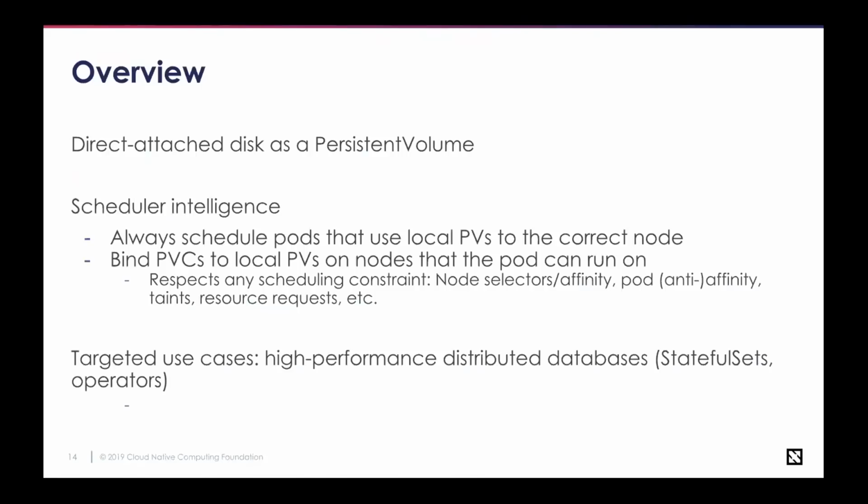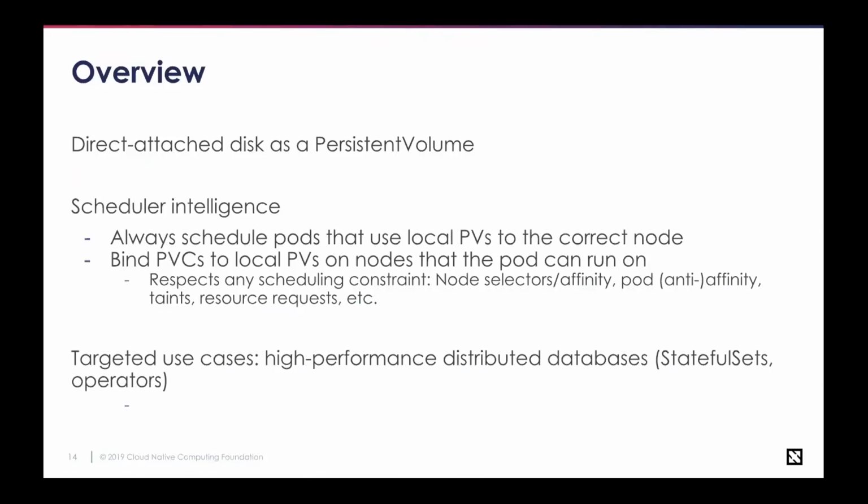One of the big features that we added was extra intelligence in the Kubernetes scheduler so that it could recognize that some persistent volumes may not be globally accessible and are actually restricted to specific nodes in the cluster. So now, if you use a local volume in your pod, it will always be scheduled to the node where that disk is located.